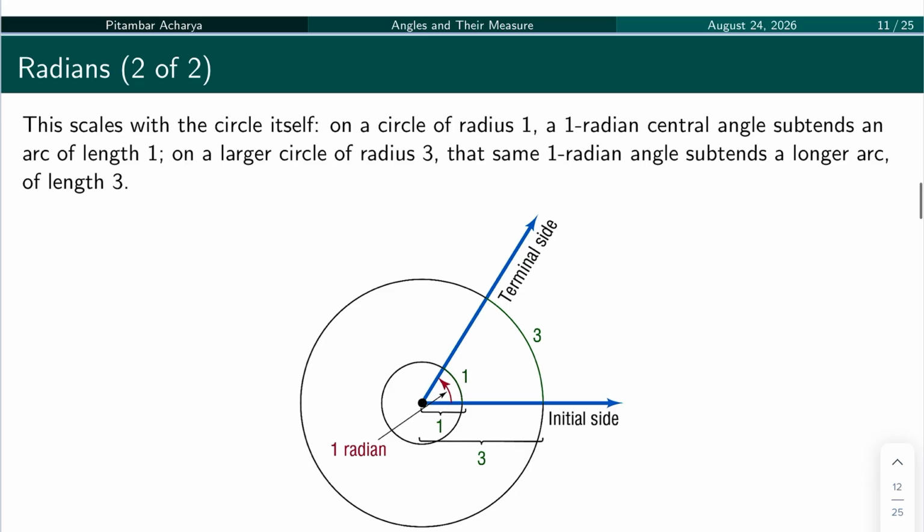It doesn't matter, the angle remains the same, whatever the radius and the corresponding arc length. On a circle of radius 1, a 1 radian central angle subtends an arc of length 1. On a larger circle of radius 3, the same 1 radian angle subtends a longer arc of length 3.